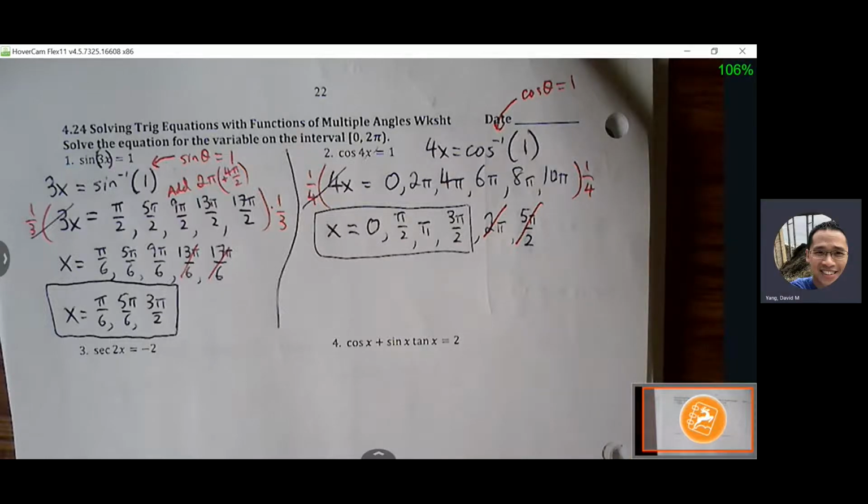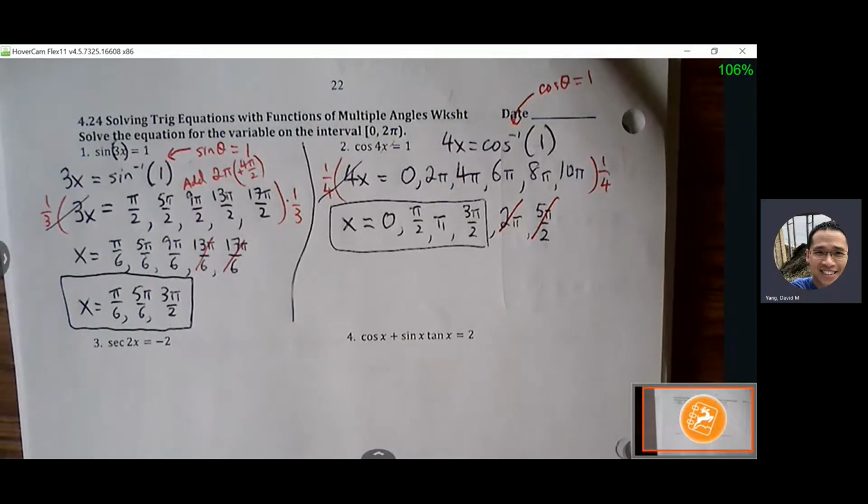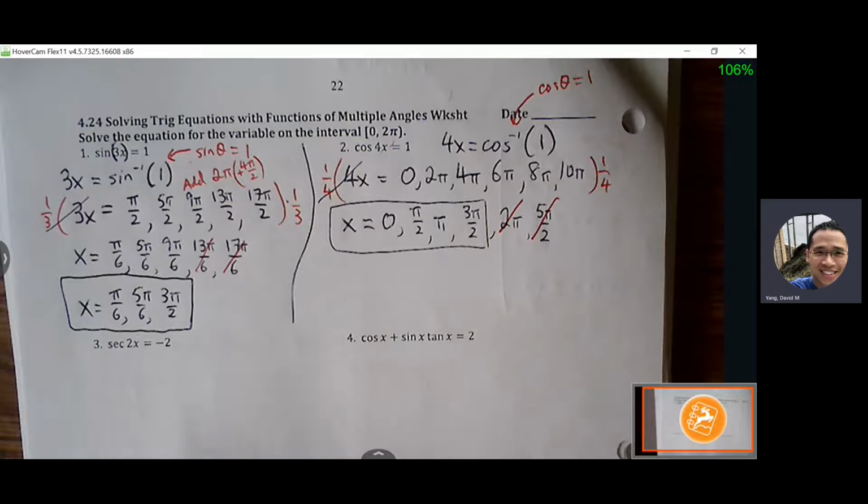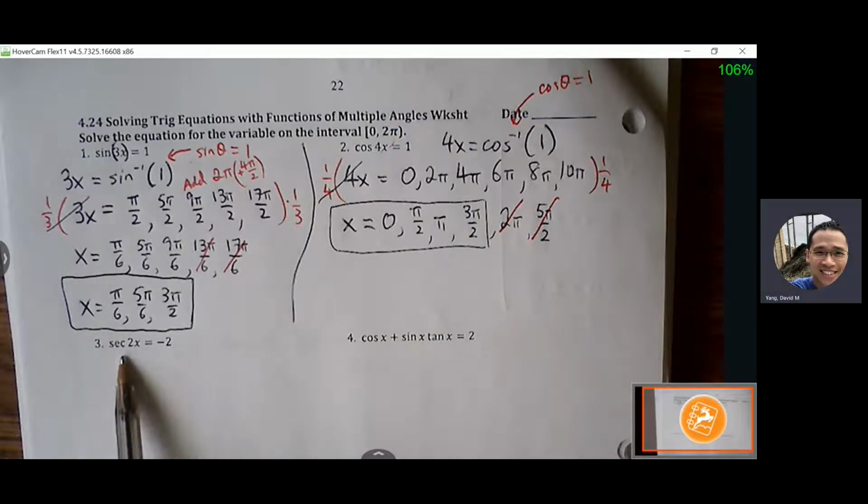Okay, number 3. Secant of 2x equals -2. We'll use a multiple angle strategy here. So we'll take the inverse of secant on both sides.